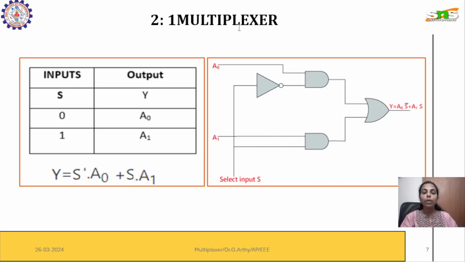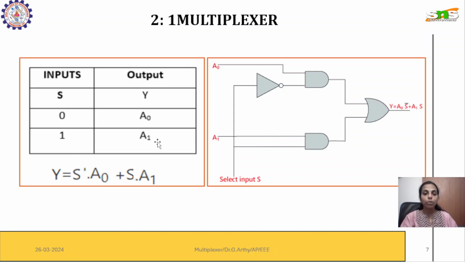Then from that we arrive at the Boolean expression through a K-map or just by inspection, and then from the Boolean expression we draw the circuit, which could be realized in CMOS logic, TTL logic, or any other kind of logic.